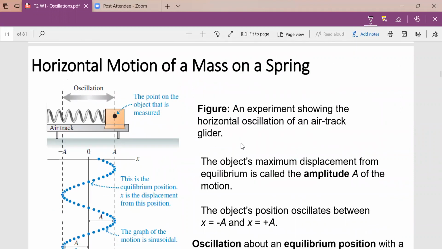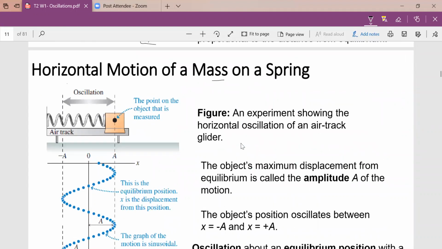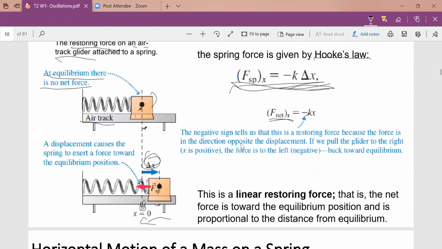And we call that the horizontal motion of a mass on a spring. Okay, it's simply the same description, but please take note of the signs and the expressions used here.